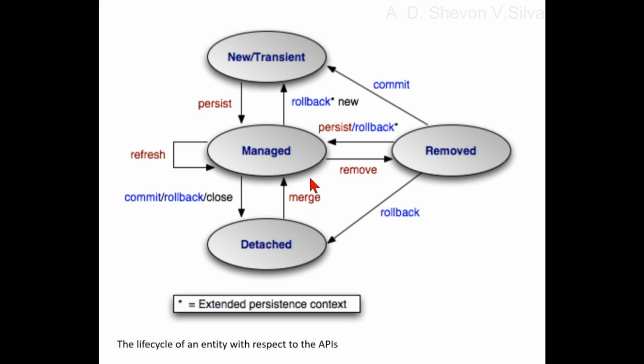If X is a pre-existing managed entity, it is ignored by the persist operation. However, the persist operation is cascaded to entities referenced by X if the relationships from X to these other entities are annotated with the cascade equals persist or cascade equals all annotation element value or specified with the equivalent XML descriptor element.